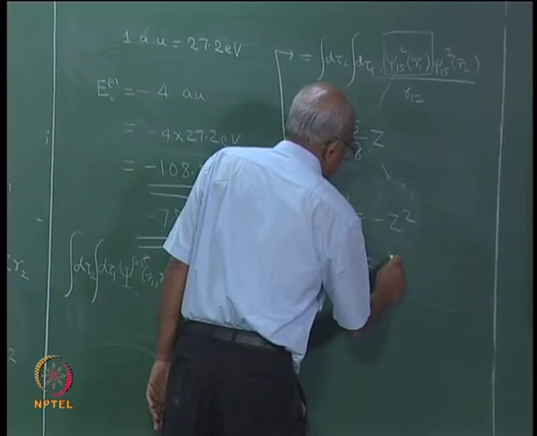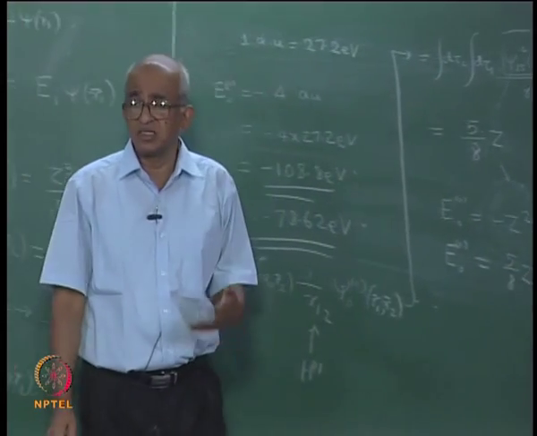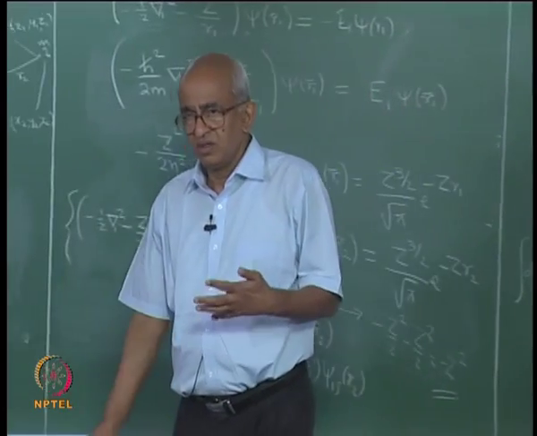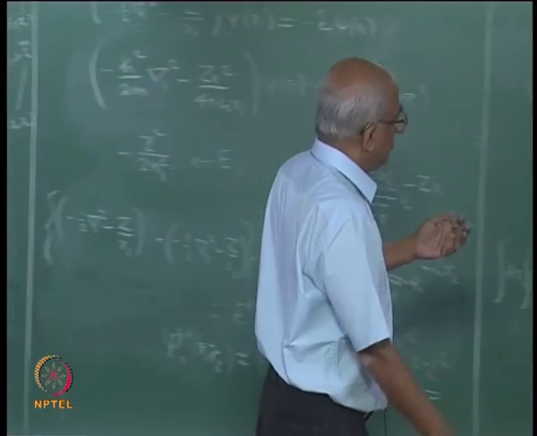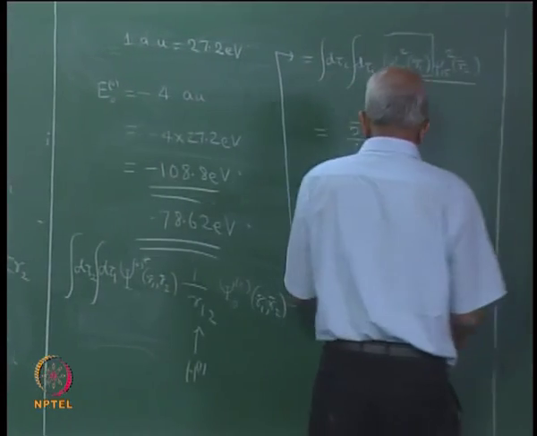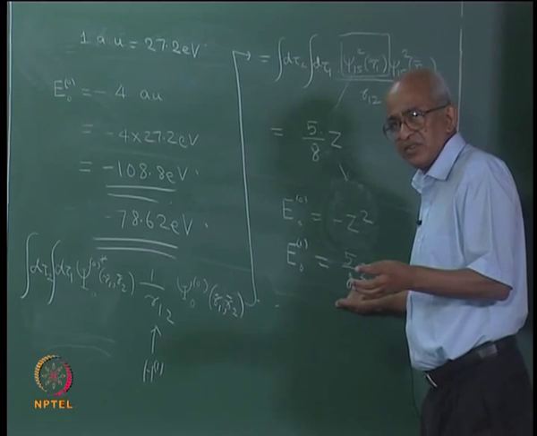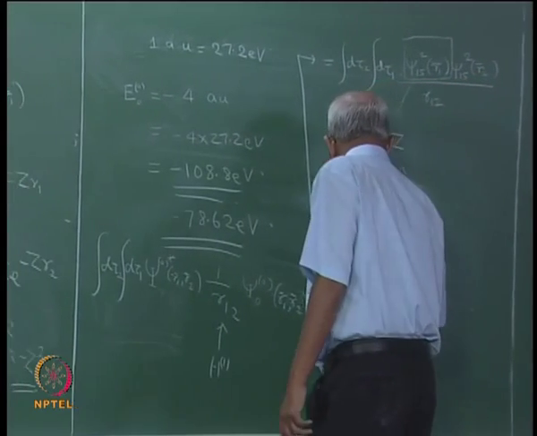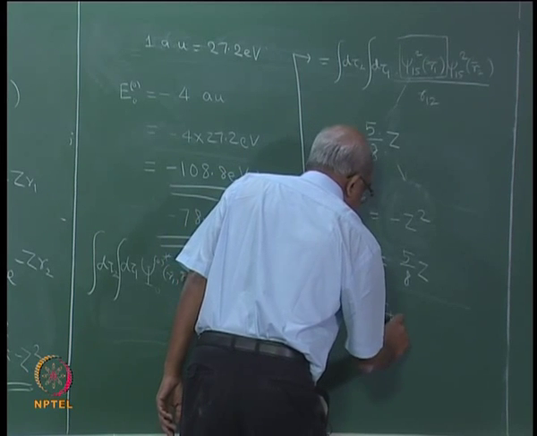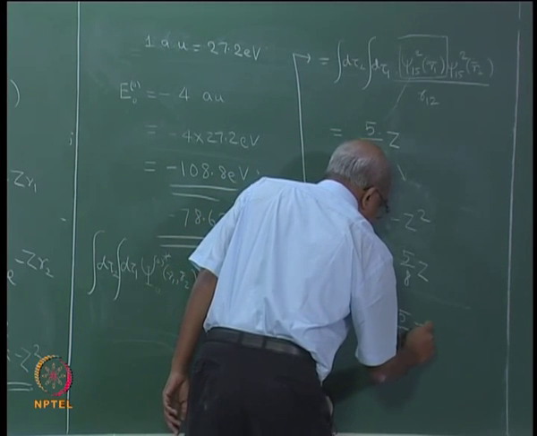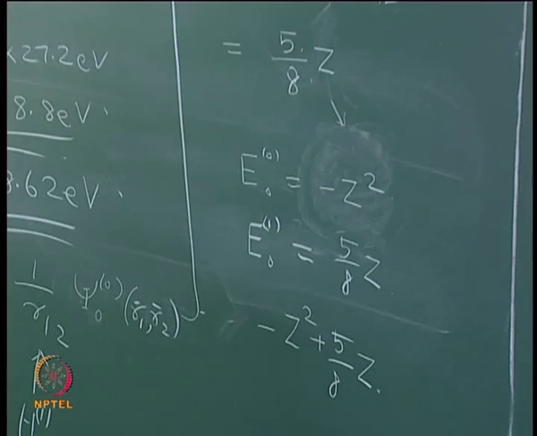What we find is that it is 5 by 8 Z, and remember we are using perturbation theory. And so, the total energy of the system, how do you get that? You take E 0 0, which is the eigenvalue of the unperturbed Hamiltonian, and add to it the correction. So the energy that you are going to get is minus Z square plus 5 by 8 Z. This is valid for any Z.